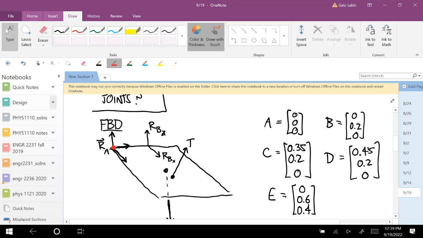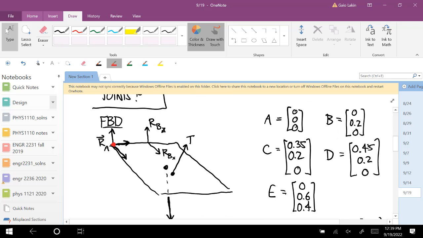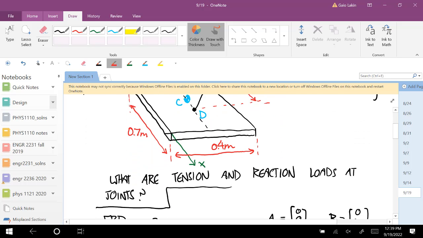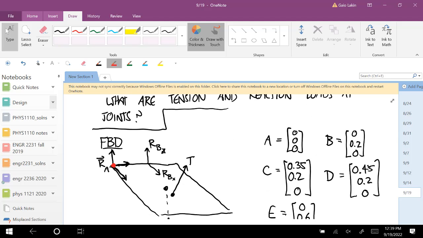So let's think about the magnitude of those couples, the magnitude of those moments, about the z-axis. So RA and RB, let's say that those are each 15,000. The distance between those two is 0.2 meters. 15,000 times 0.2, it's going to be about a 3,000 Newton meter moment.